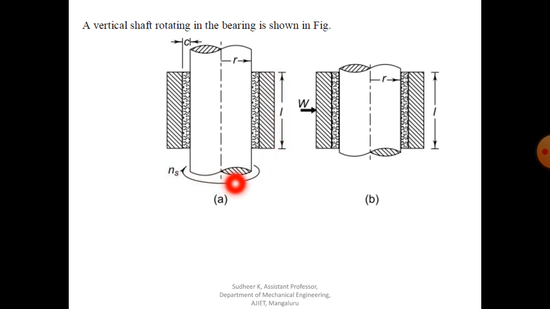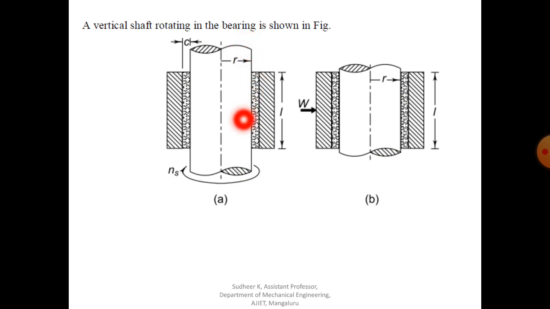N is the speed of rotation of the journal, which should be in RPS, revolutions per second. This is the load acting, W, on the vertical shaft rotating in the bearing.